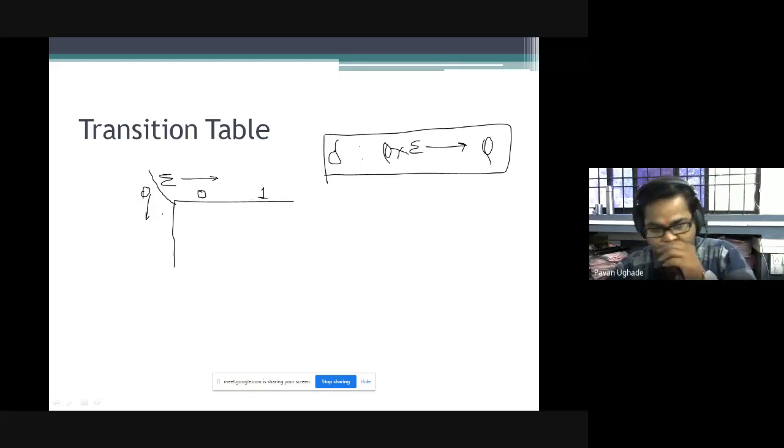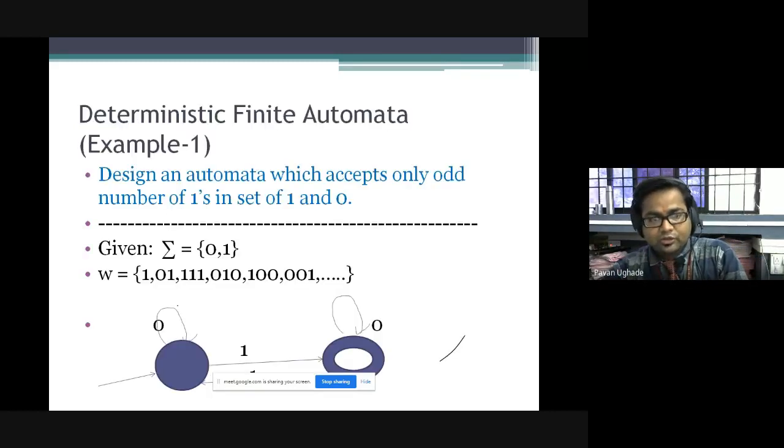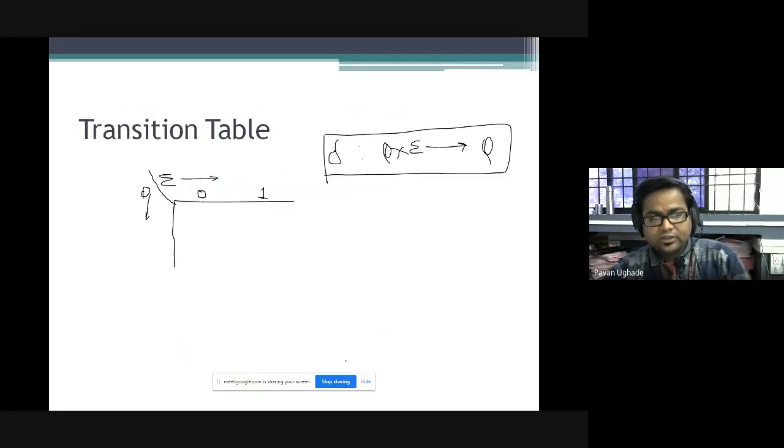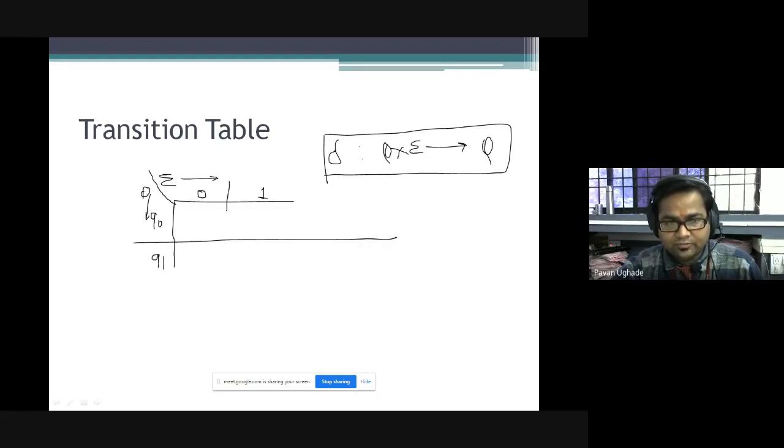What are the states you had while you solved this question? These are q0 and q1. So I will write down here q0 and q1. Okay, I'll make a table.